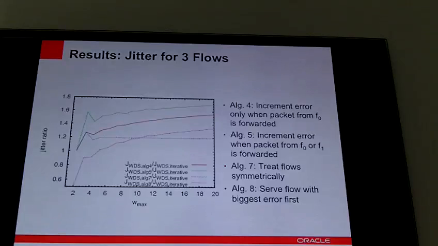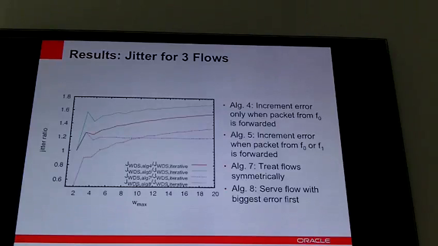For example, the error value for flow 1 is incremented not only when a packet from F0 is forwarded, but also when a packet from F2 is being forwarded. The results in terms of matching the weights are the same. Both algorithms do the right thing. They forward the right number of packets. The only difference is how the errors are being accumulated.